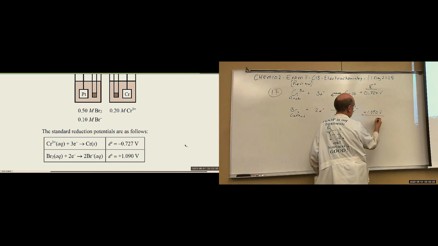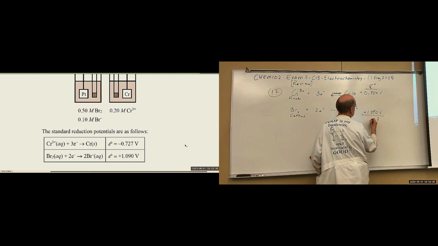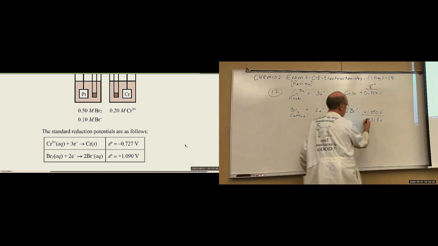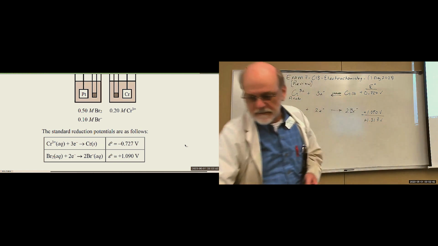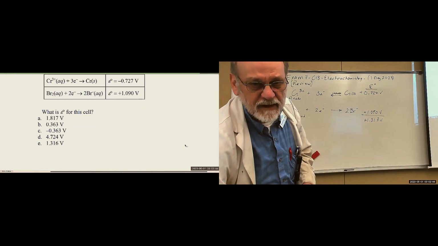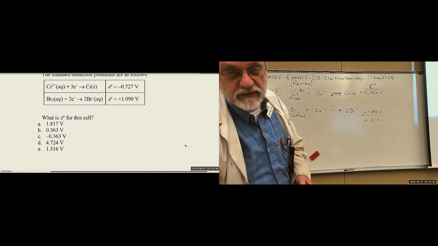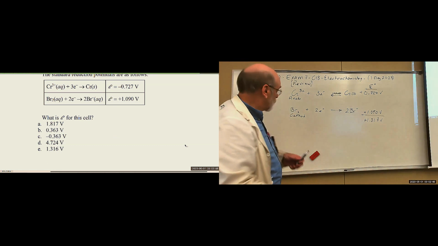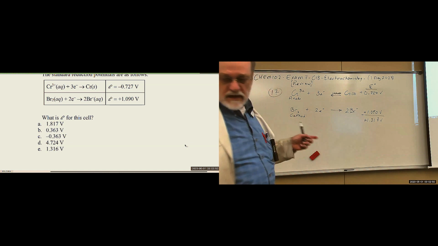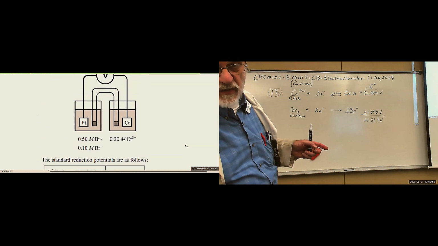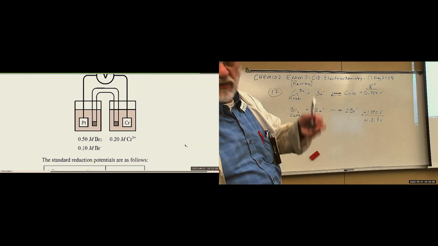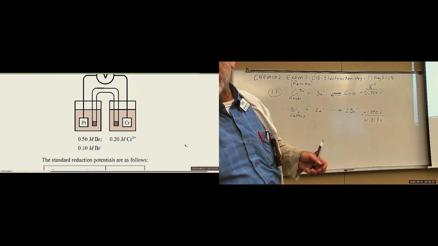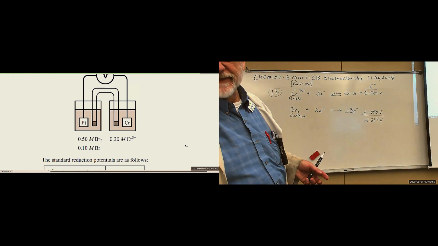Then we can add those together and we get 1.817 volts. A would be the answer there. So we know that chromium needs to go on the left and not on the right. The way it's shown there, it's on the wrong side by convention.